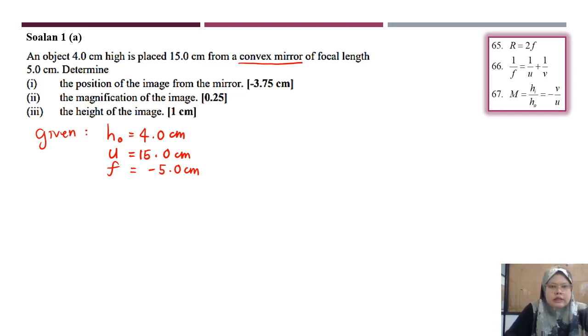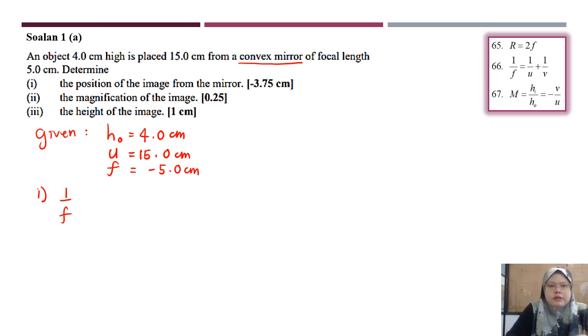Okay, so now kita nak cari the position of the image from the mirror. According to the information given here, you nak cari v. I ada sediakan list of equations dekat sini, so you can refer to the equation suitable for calculating the position of the image, corresponding to the information given.